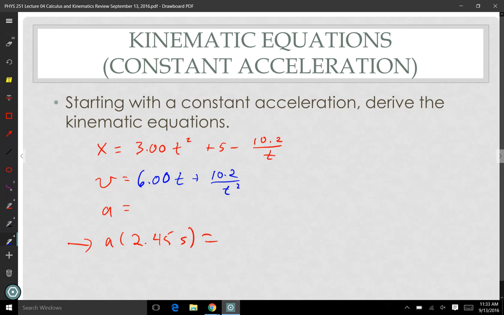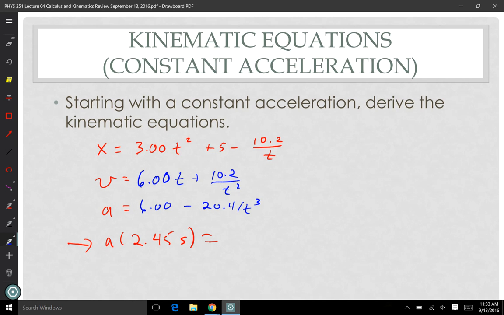It's changing the sign because I brought down a minus 1, then lowered the power from t to the minus 1 to t to the minus 2, hence over t squared. And so then my acceleration is taking the derivative once again: 6.00 minus, bring down the minus 2, which is why I have a minus sign, 20.4 over t cubed.